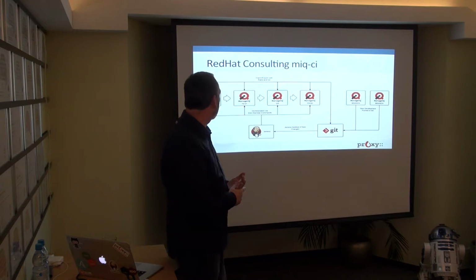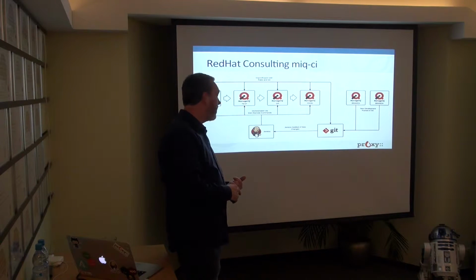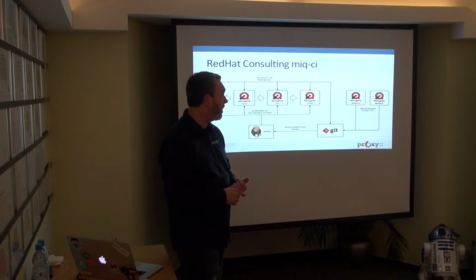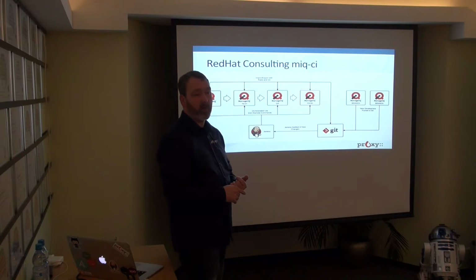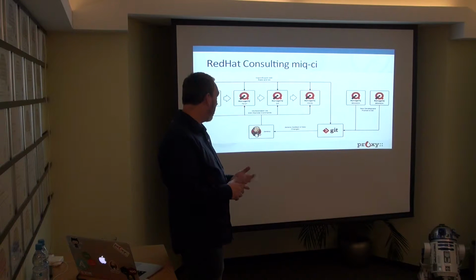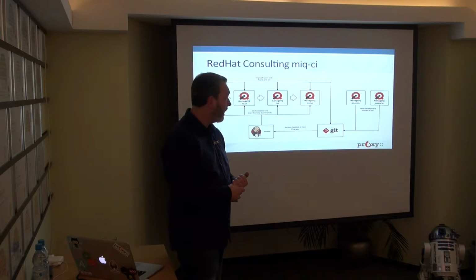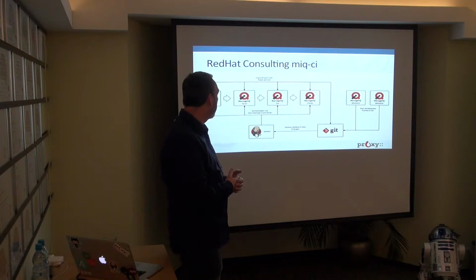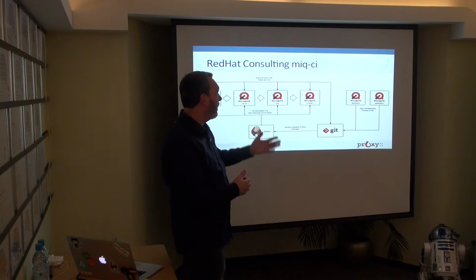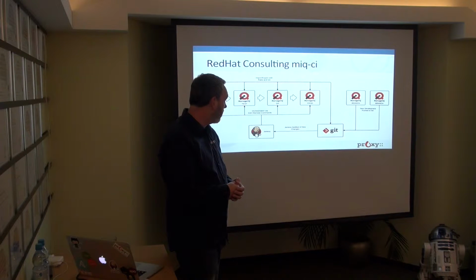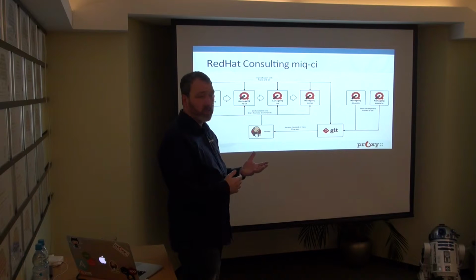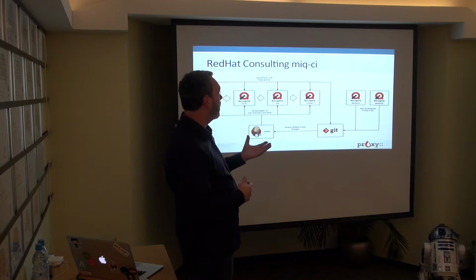I stumbled across the Red Hat Consulting GitHub, and I saw there an article about ManageIQ in the CI environment. I downloaded the Jenkins job over there, and at the moment we are thinking about implementing a system described like here. You develop on a ManageIQ or a CloudForms server.